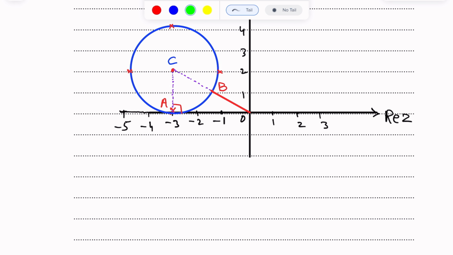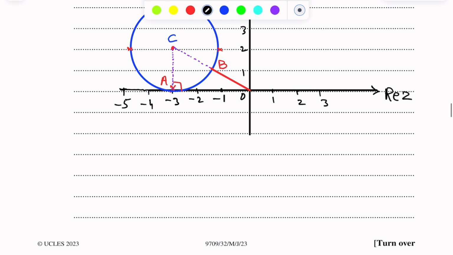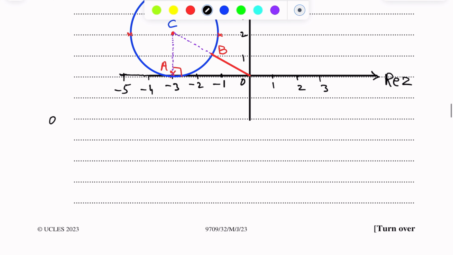First we will find this OC, which is the hypotenuse in this triangle. OA is the base, AC is the perpendicular. Using the Pythagoras theorem, OC square is equal to OA square plus AC square.